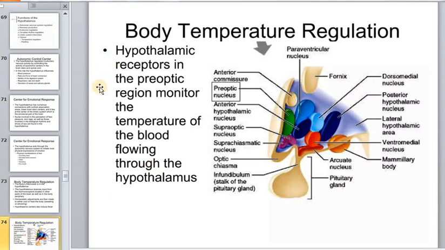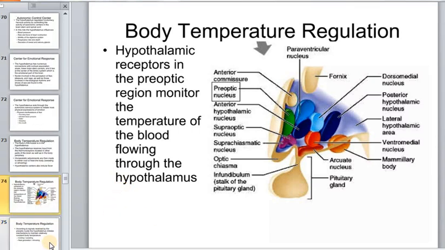Here we see the thermoreceptors in the preoptic region monitor the temperature of the blood flowing through the hypothalamus, and this kind of receptor is the central receptor.